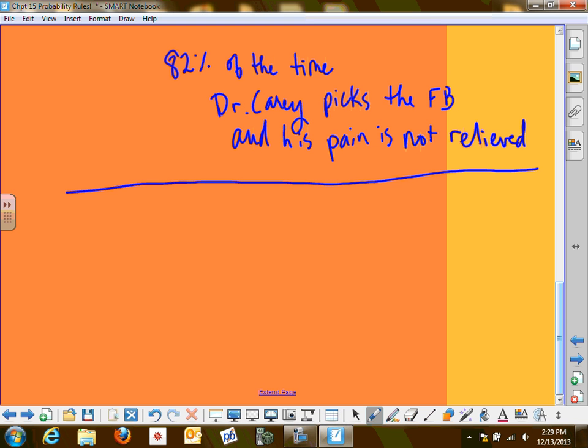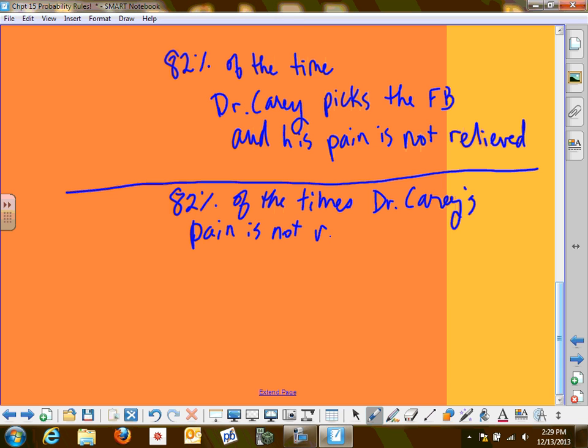Here's choice number 2. 82% of the times Dr. Carey's pain is not relieved, he chose the first bottle. Okay, now, I want you to think about that.